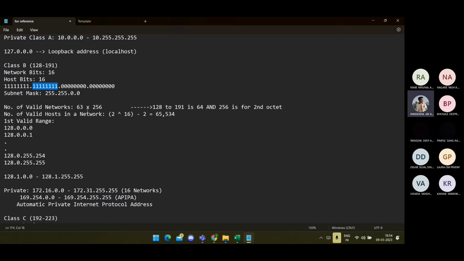So we have to consider 256, since we also count the 0, that is 0 to 255, total 256. The second octet is also about networking, so we multiply these and we get the total number of networks.